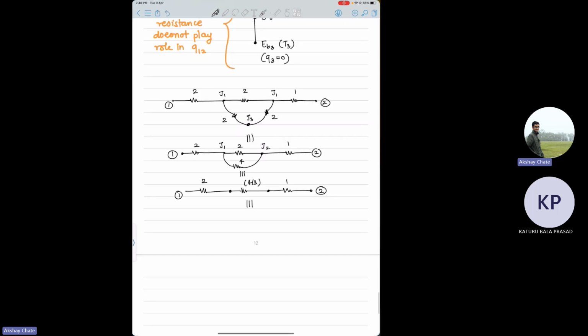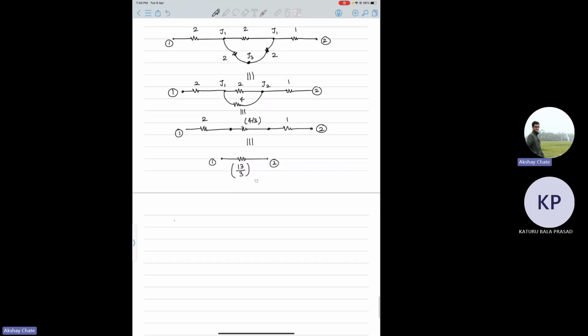So when you add them up, what is your... So 3 plus 4 by 3. So 3 plus 4 by 3 is 13 by 3. So this is the total resistance.